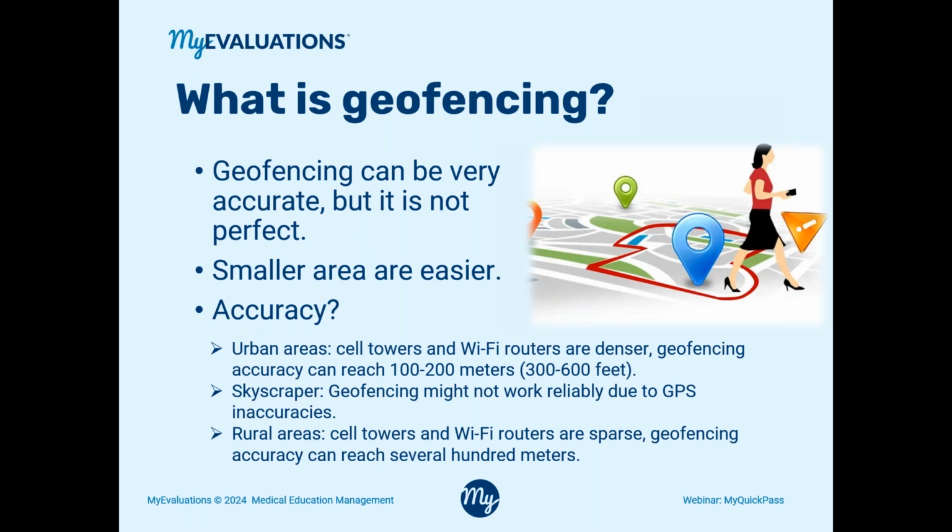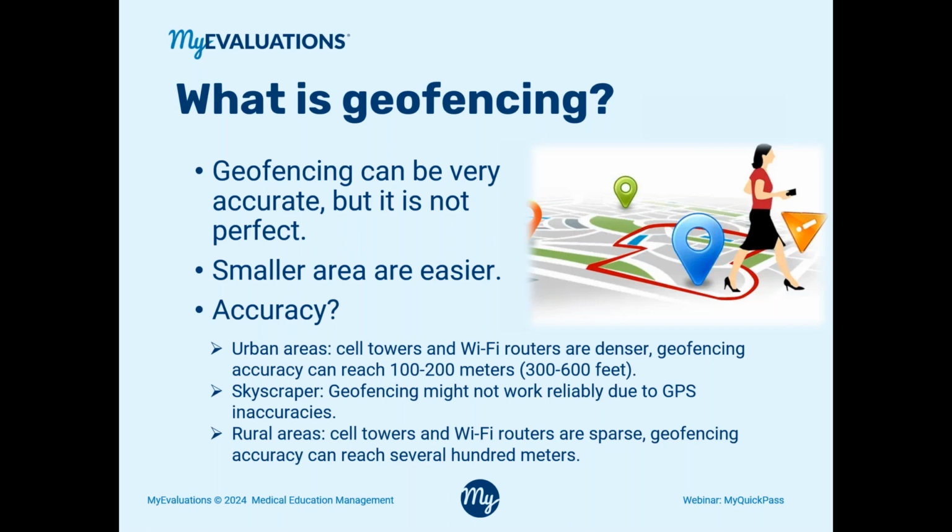We could bring that accuracy down to 50 feet, but that would require constant checking and it would drain the battery very quickly on the device. So there's a soft balance here between how accurate we want to be and how well we're collecting information.